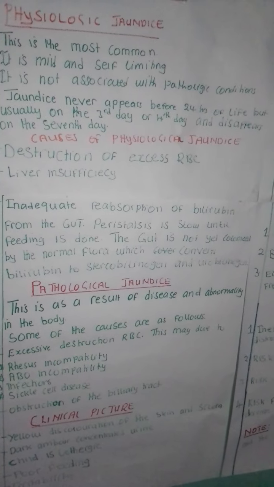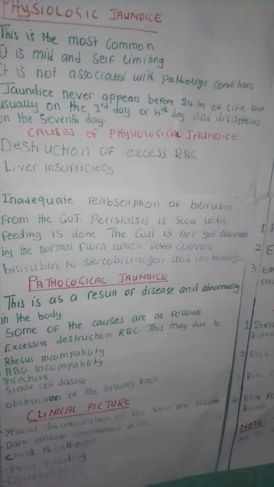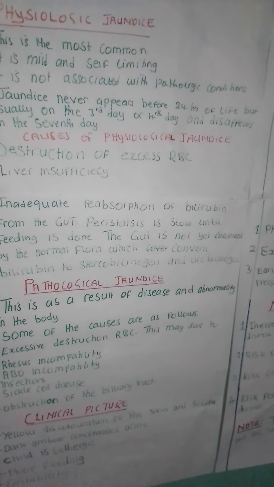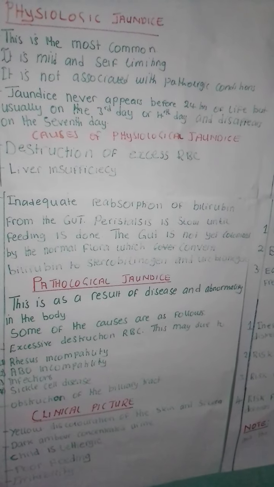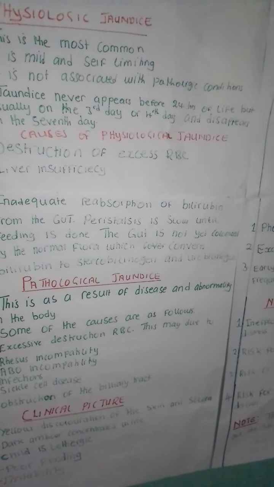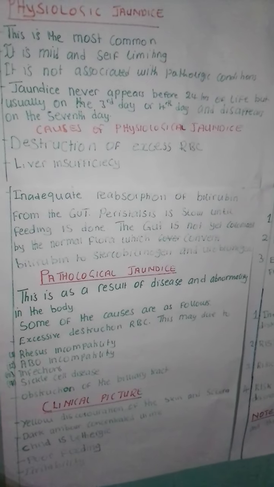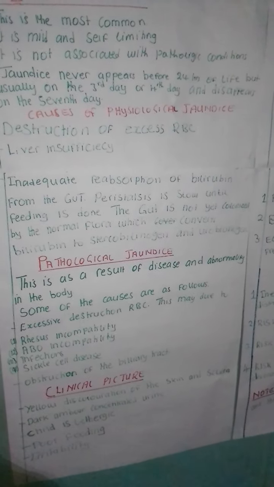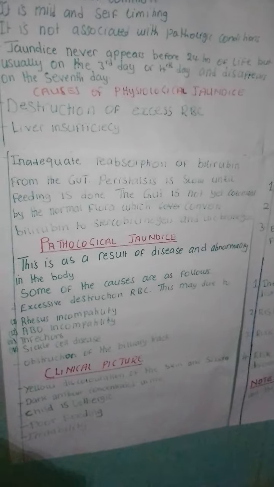Again, there could be inadequate reabsorption of bilirubin from the gut, as peristalsis is slow until feeding is done. The gut is also not yet colonized by normal flora, which convert bilirubin to stercobilinogen and urobilinogen.